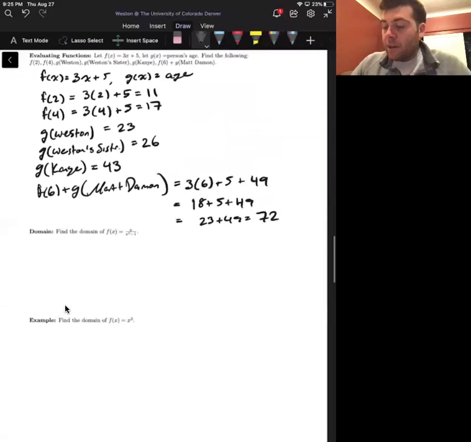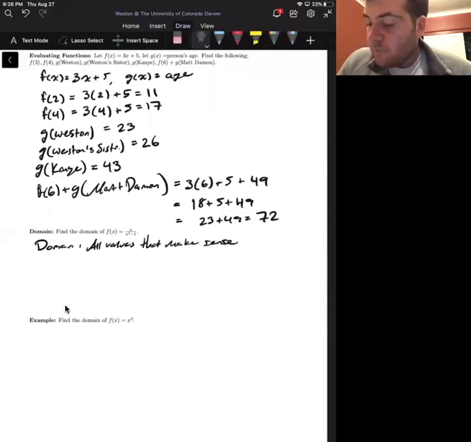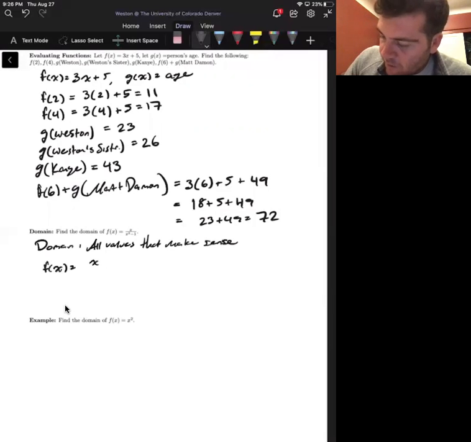All right, and we can also work on finding domain. For domain, we usually make our domain to be as large as possible. So just all values that make sense. We have f of x equals x over x squared minus 1.